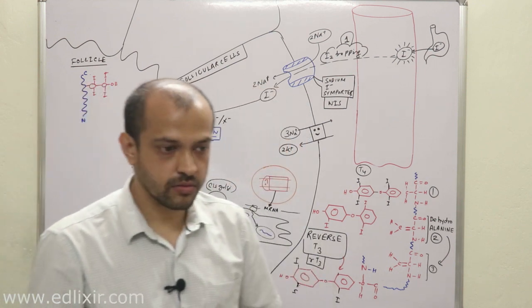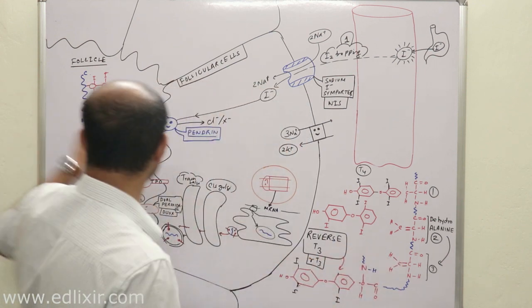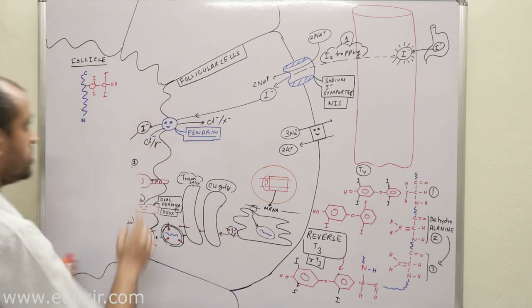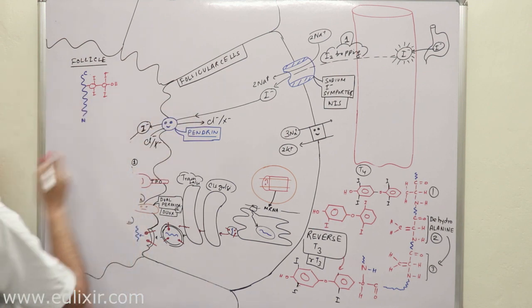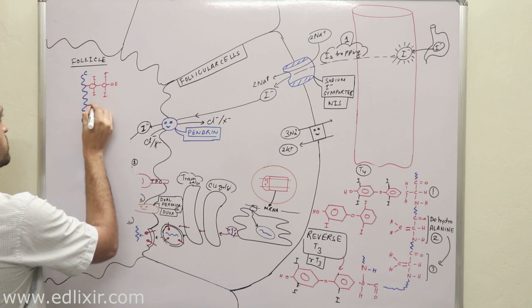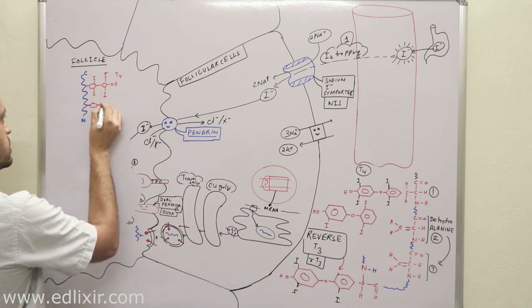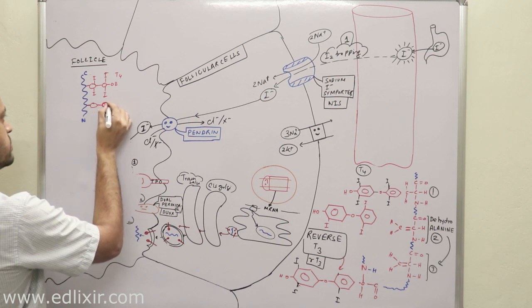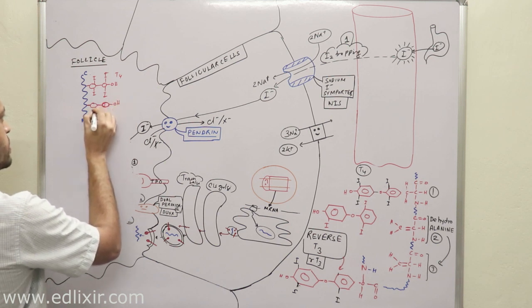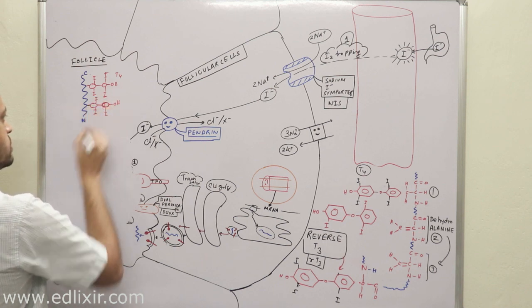So now let us quickly find out how this occurs inside the follicular cell. Now listen, suppose this is your future T4, right? There are 4 iodines. This is future T3.